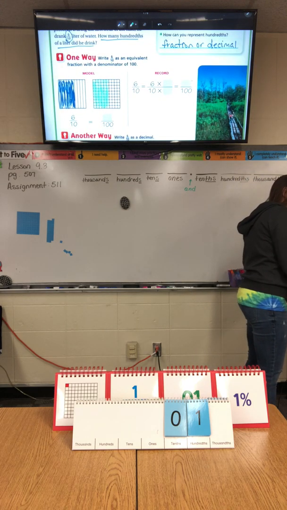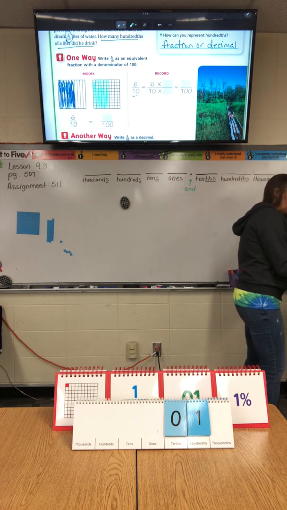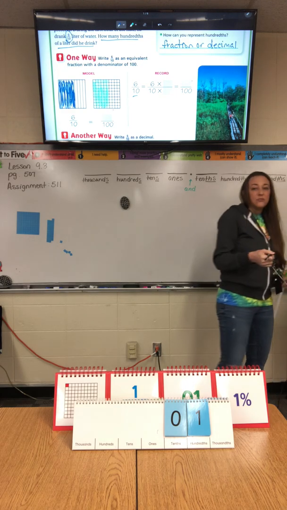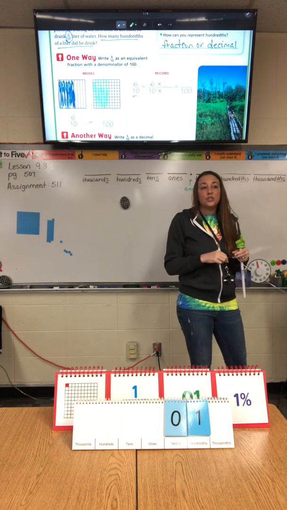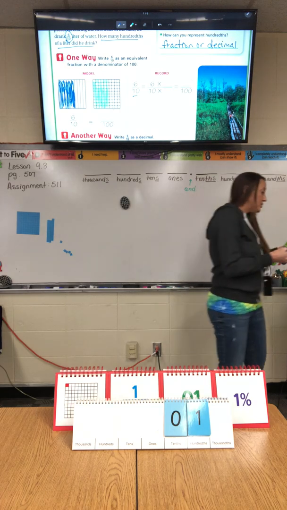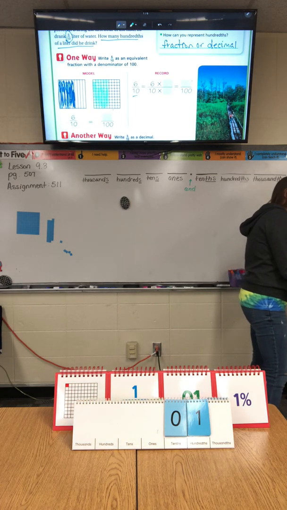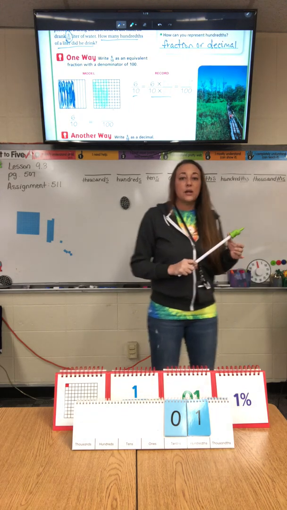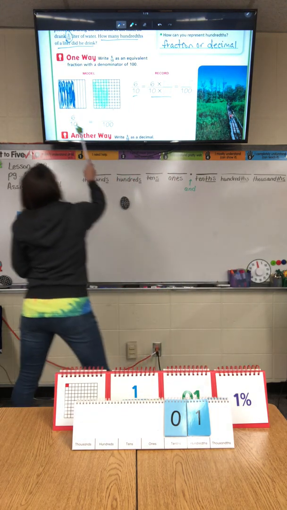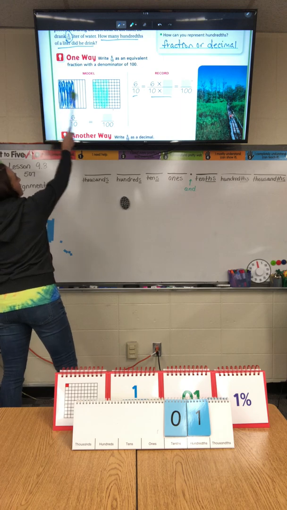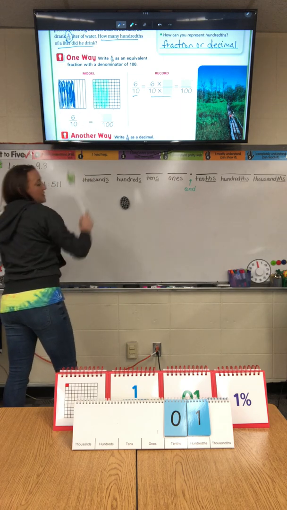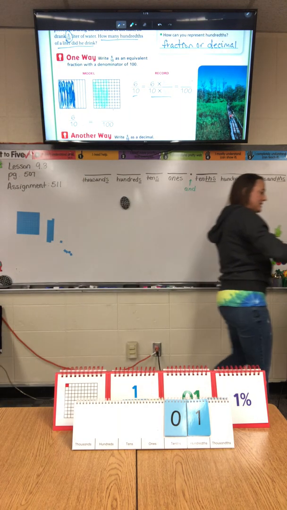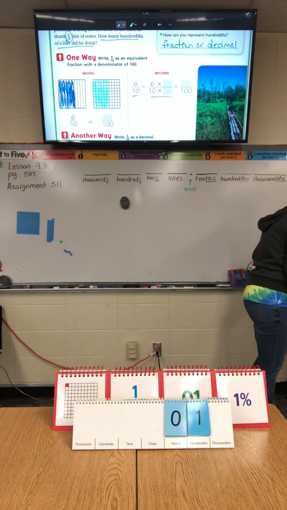So we started with 6/10, and on our second model, those tenths are broken up into hundredths. So what do you have to multiply 10 times to get 100? Well, each one of these tenths are broken up into 10 pieces. So we multiply 10 times 10 gives us 100.